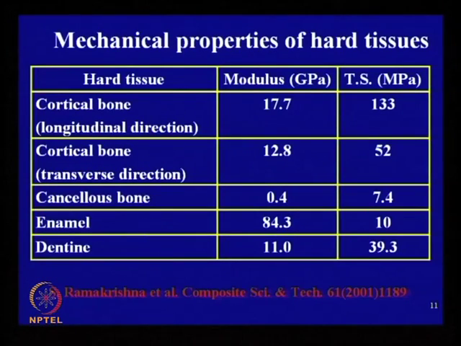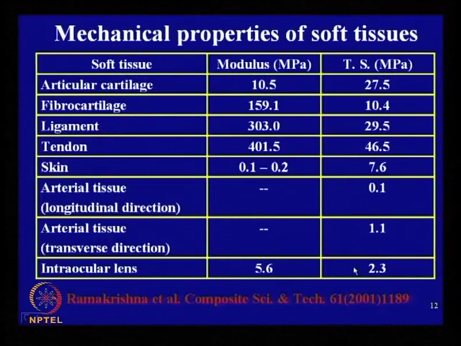Mechanical properties, say of cortical bone, cancellous bone, enamel, dentin materials, say their modulus, tensile strength. Okay. Then mechanical properties of soft tissues, those were the mechanical properties of hard tissues.